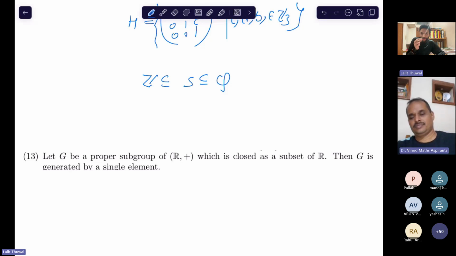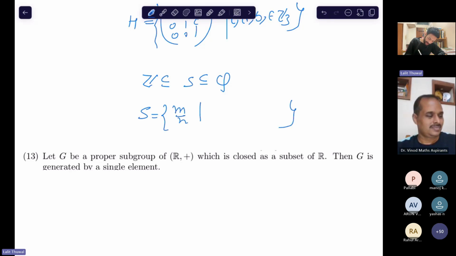You want some subring S of Q, say elements m by n. The set of all non-units should form an ideal. Once the set of all non-units forms an ideal, then this becomes the unique maximal ideal in the ring S.